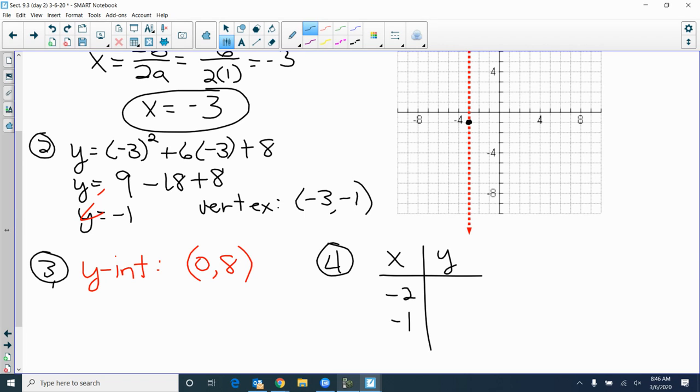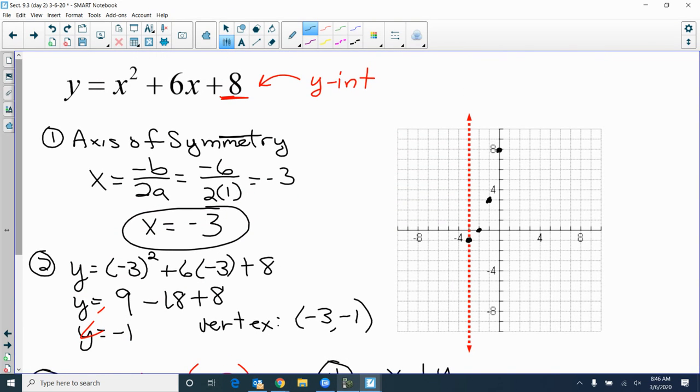What did you have for your points? I got -2, 0, and -1, 3. All right, that looks like a U to me.